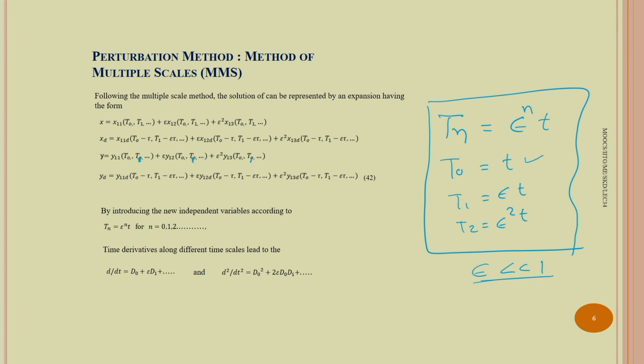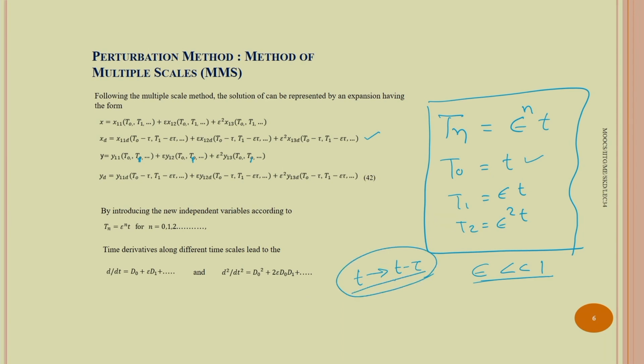Now for the delay part, we can use a similar approach. So xd is written as x11d at T0 minus tau. Here T is replaced by T minus tau for the delay differential equation.